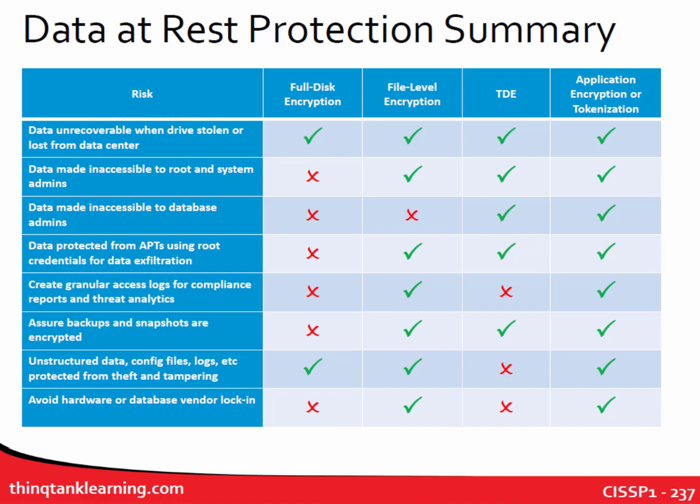Full disk encryption does not provide protection against that. We create granular access logs for compliance reports and threat analytics. Also, full disk encryption and TDE do not provide that. We assure backups and snapshots are encrypted. Full disk encryption does not provide that.